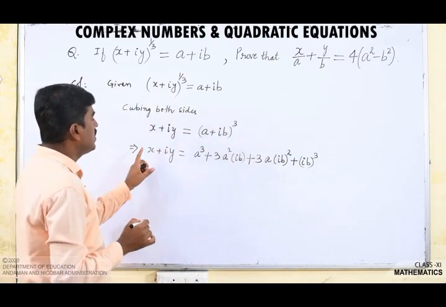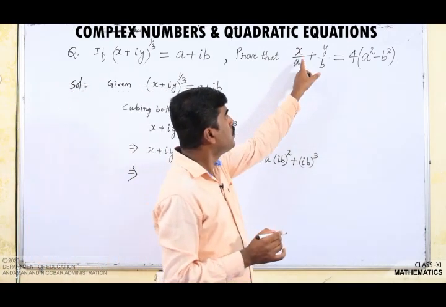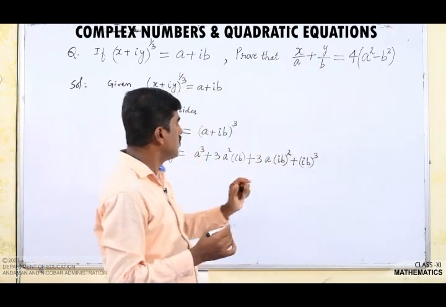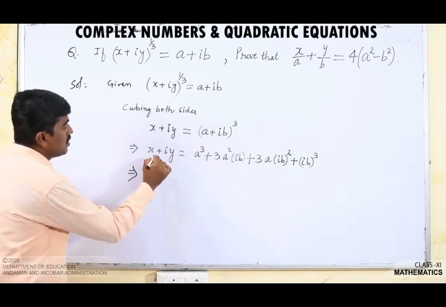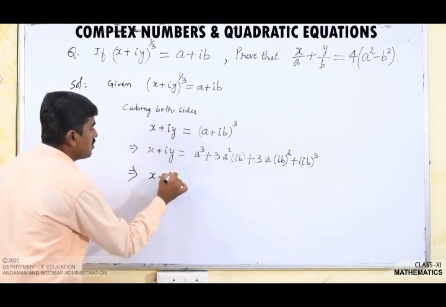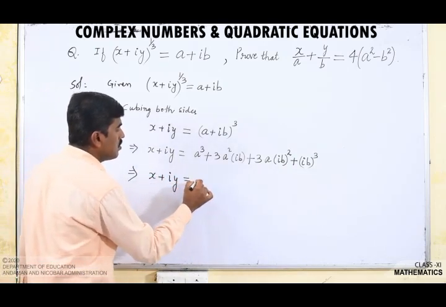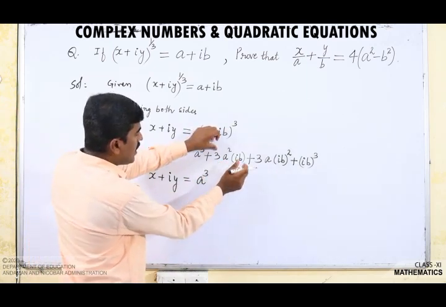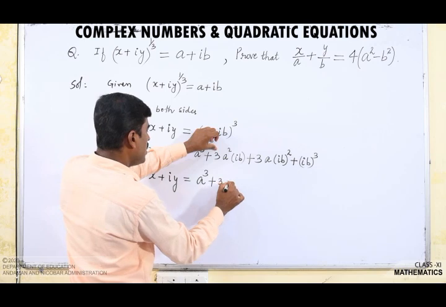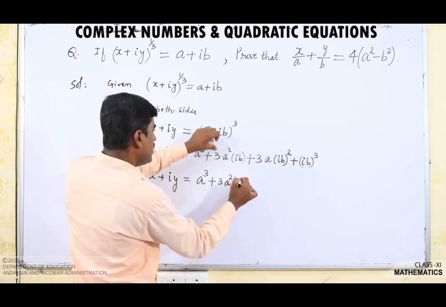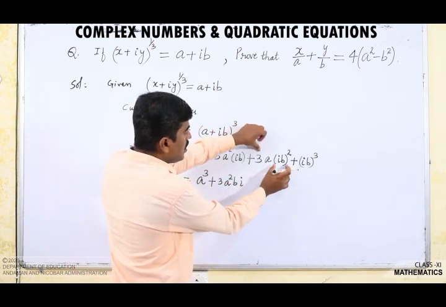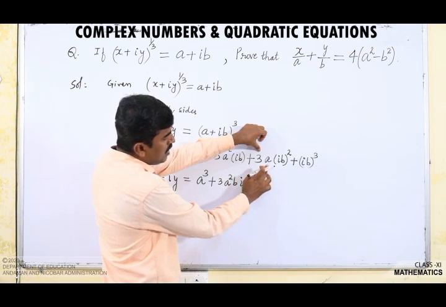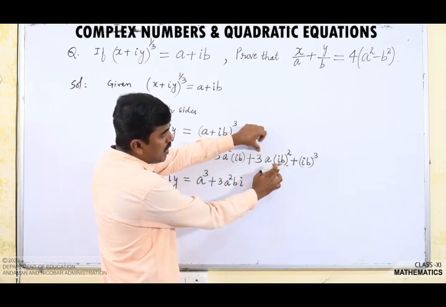Here we have to find the value of x and y, then put the value of x and y in this expression, and we will get the result. So x plus iy is equal to a cube plus 3a square into ib, so we can write 3a square bi. Here it is 3a into i square into b square.